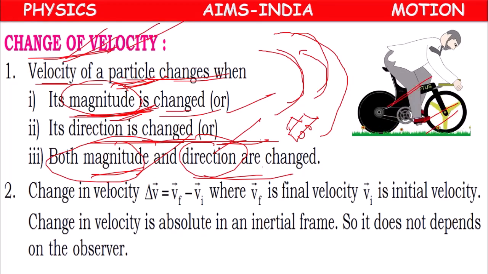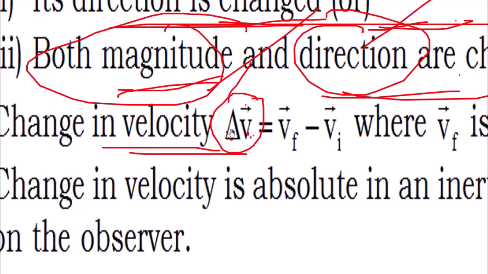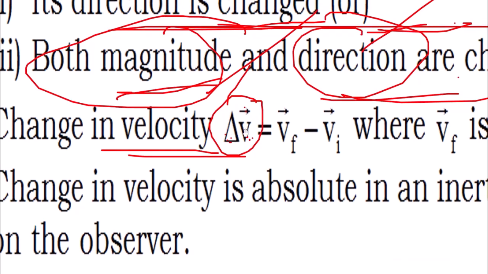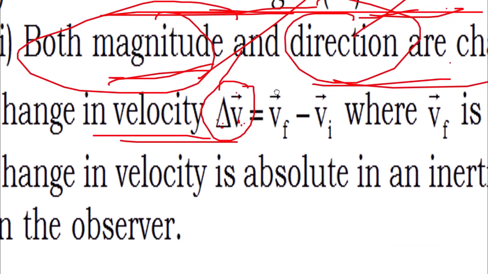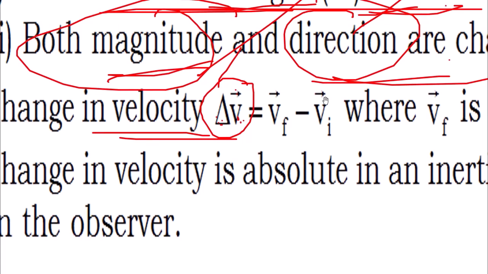So change in velocity means delta V bar, because velocity is a vector. Delta V bar means, here children, delta stands for change, V stands for velocity, bar stands for vector. Change in velocity vector equals final velocity vector Vf minus initial velocity vector Vi.